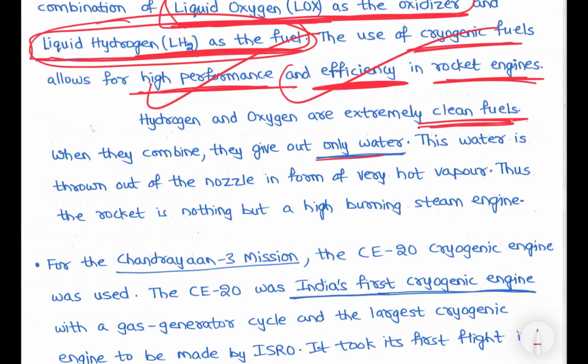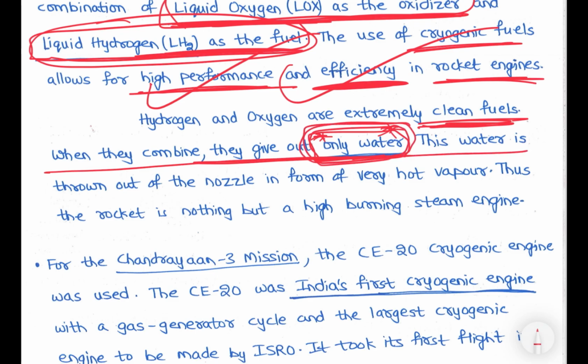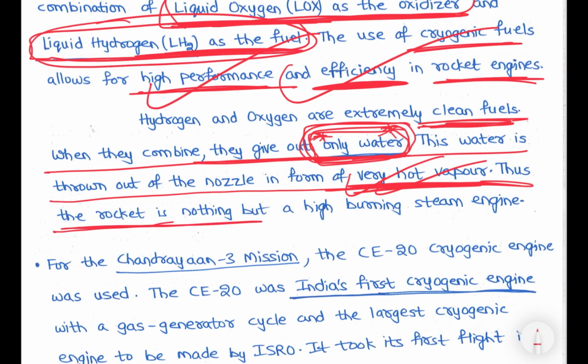When they combine they give out only water, see ये भी important है, right. इससे pollution भी नहीं होगा, जो rocket fuel की वजह से pollution होता है, rocket emissions, वो भी नहीं होगा because they are clean fuels. And when they combine they give out only water, ये भी important है, prelims में they can ask, right. This water is thrown out of the nozzle in the form of hot vapor के रूप में आएगा, right. Thus the rocket is nothing but a high burning steam engine, right.